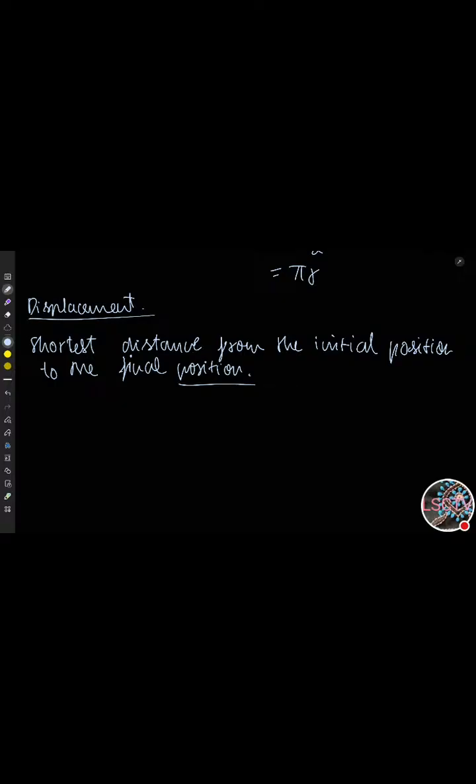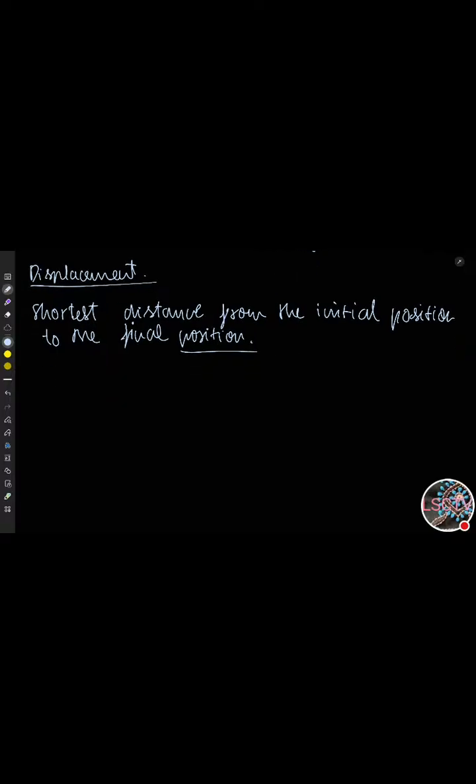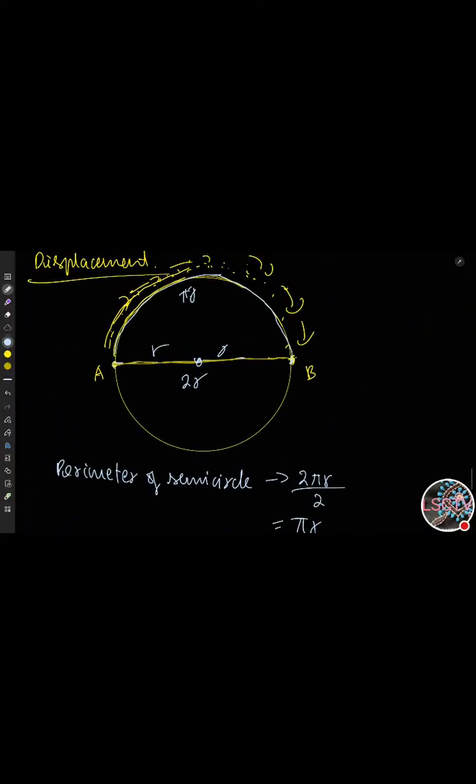Alright? Okay. Now, there are differences between distance and displacement, right? Distance is the longest distance, whatever path you took, then displacement is the shortest distance. Now, when you're traveling in this path, is your direction remaining the same throughout this entire journey?